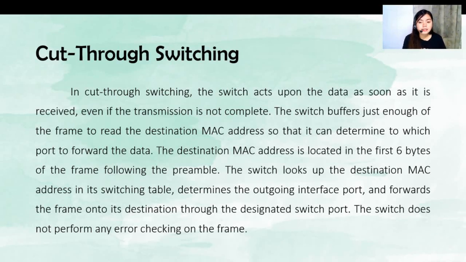The destination MAC address is located in the first 6 bytes of the frame following the preamble. The switch looks up the destination MAC address in its switching table, determines the outgoing interface port, and forwards the frame to its destination through the designated switch port. The switch does not perform any error checking on the frame.